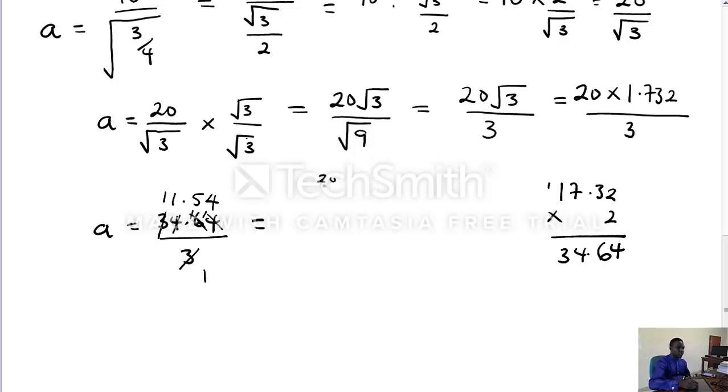Add 0 to that 2, it gives you 20, divided by 3 is 6, remainder 2, and that will give you 6666 as a recurring decimal. So this is equal to 11.5466.